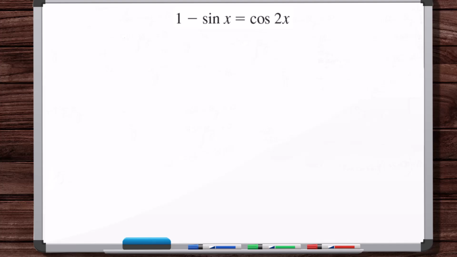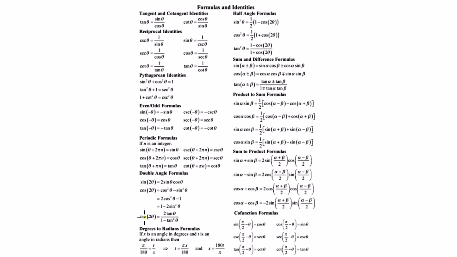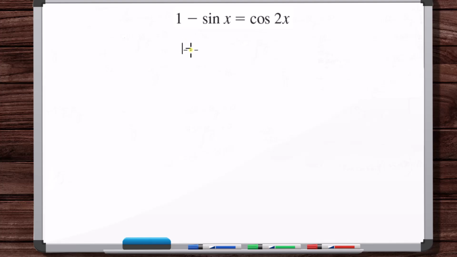Once again, we can transform that cosine 2x into, what is it, 1 minus 2 sine squared of x. Yes. So 1 minus sine of x, and you've got 1 minus 2 sine squared x. Now we can say u is equal to sine x, so 1 minus u is equal to 1 minus 2u squared.